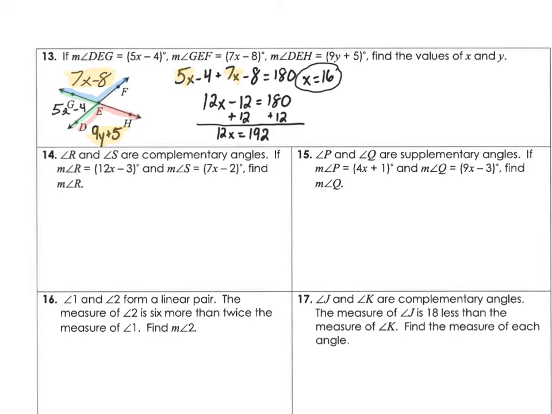So we can set those together and find the answer because we know what x equals, right? So 7 times 16 minus 8 equals 9y plus 5. So what's 7 times 16 minus 8?